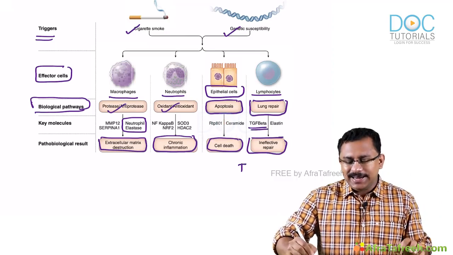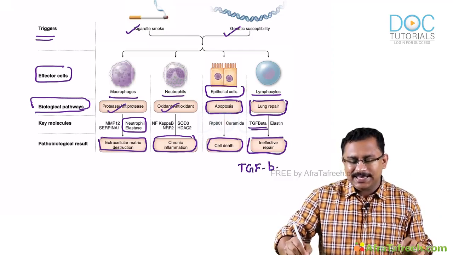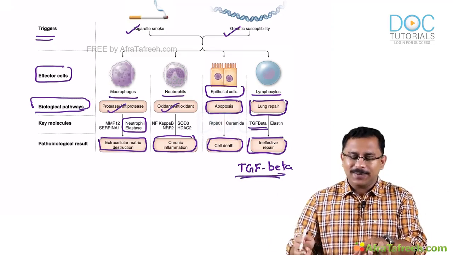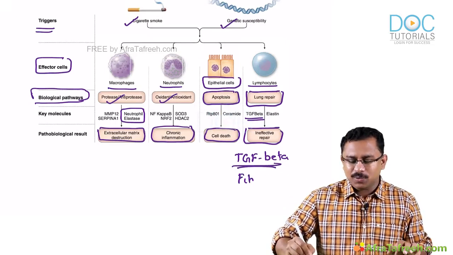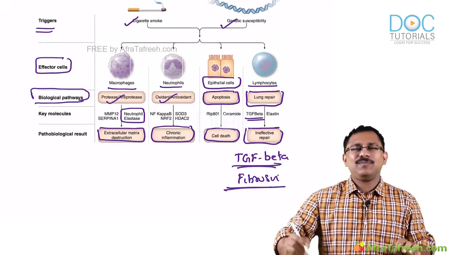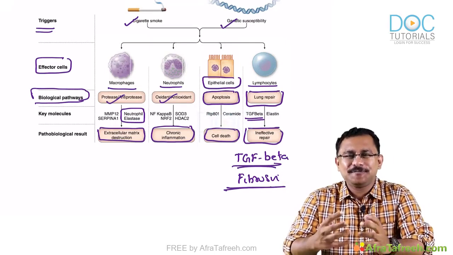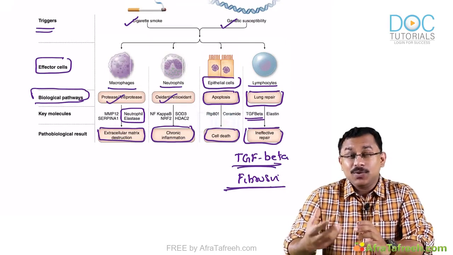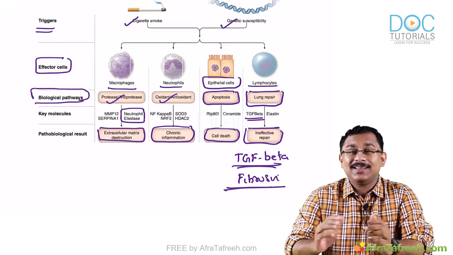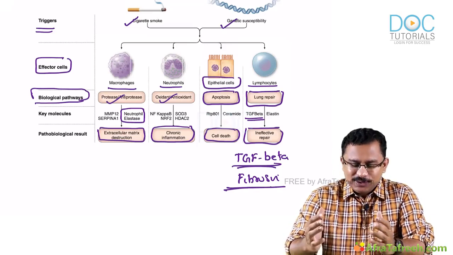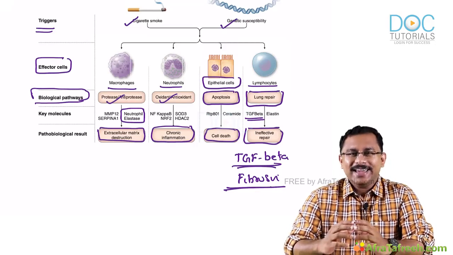There is a release of cytokines like TGF-beta, which are attempting to repair, but there may be fibrosis, a bit of fibrosis also setting in. So all in all, it is a destructive process that is happening by virtue of a chronic inflammation, and there is an ineffective repair process also. So this is what happens in your emphysema.